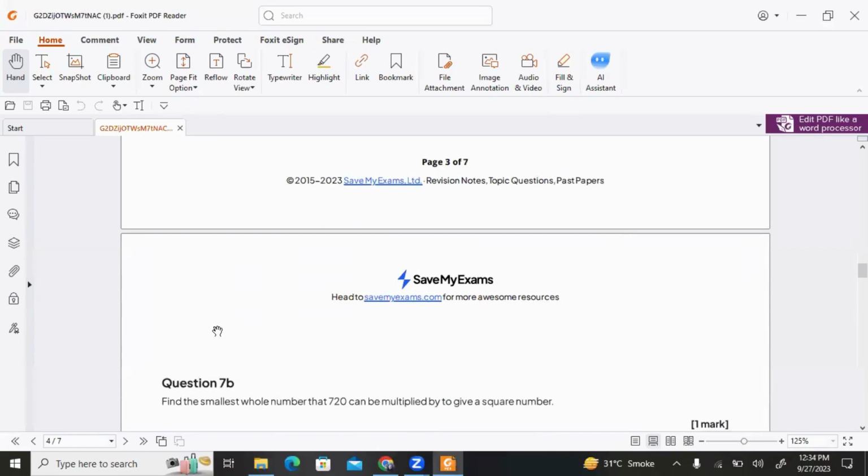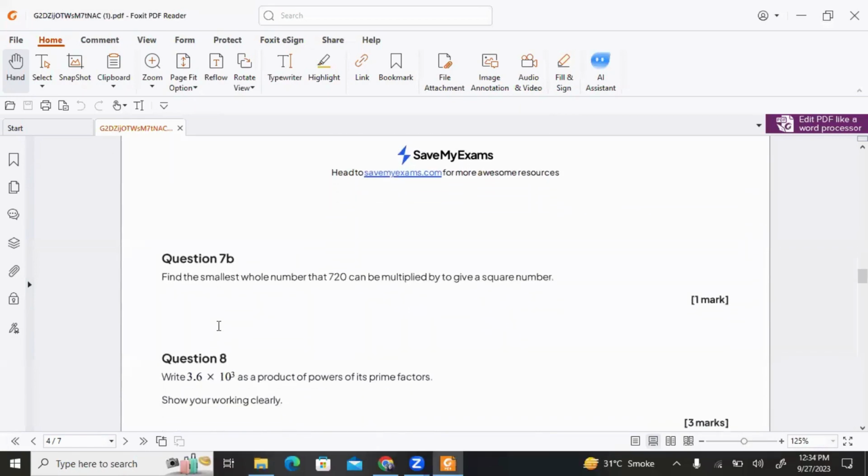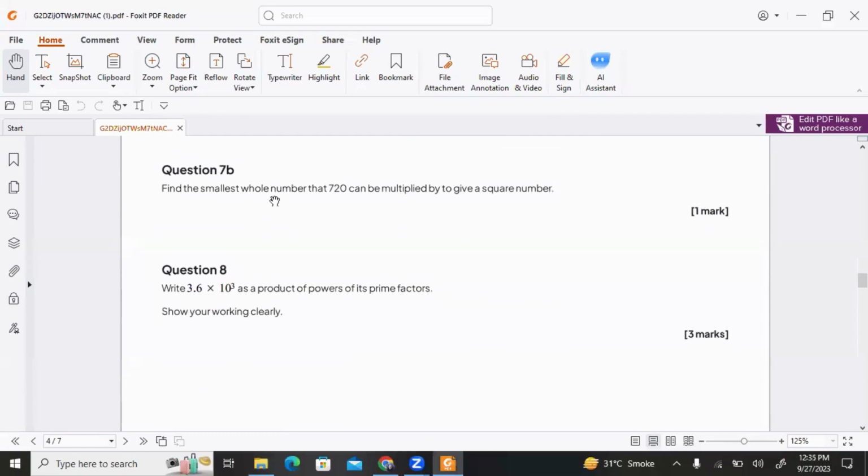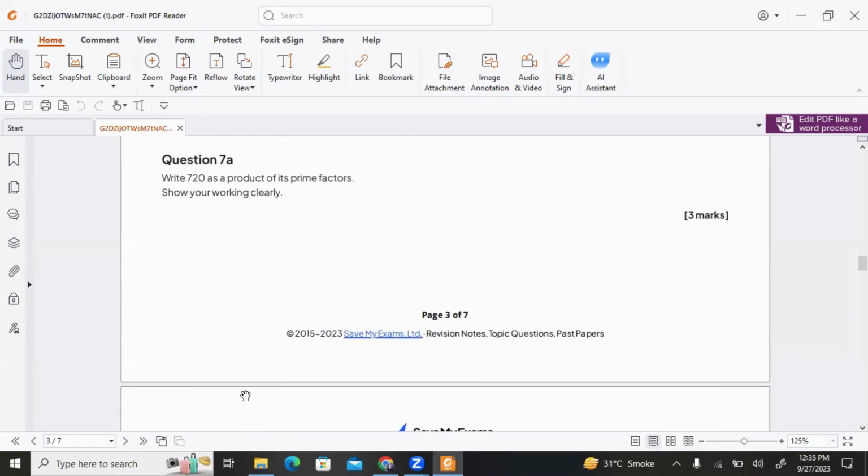Then question 7 is the same. 7b says find the smallest whole number that 720 can be multiplied by to give a square number. For that, let's do 7a first because they're linked basically. So 720 gets split into 72 times 10.